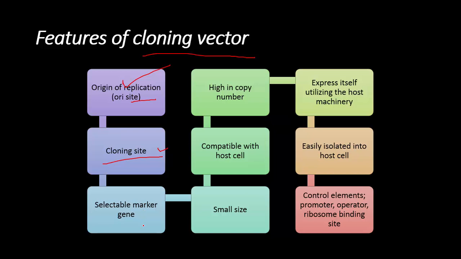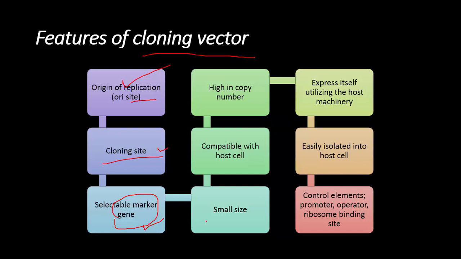Next is the selectable marker. An ideal cloning vector is one which has a selectable marker gene. So what is a selectable marker gene? Selectable marker genes are used to select our transformant cells. It is a gene that confers resistance to particular antibiotics or a selective agent that would normally kill the host cell.